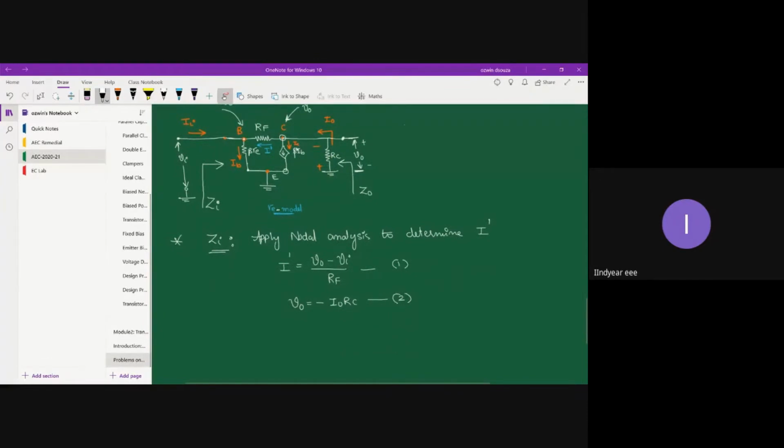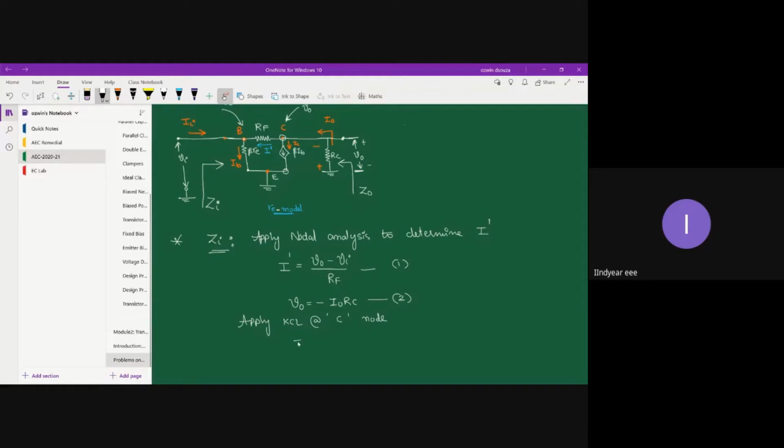And you can also apply KCL at the collector node. When we apply KCL at the collector node, the incoming current is I0, and the outgoing currents are IC and I dash.